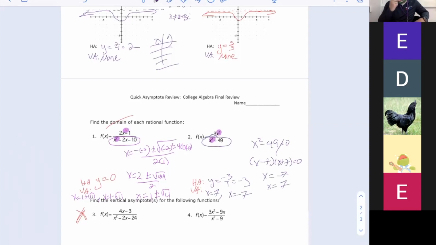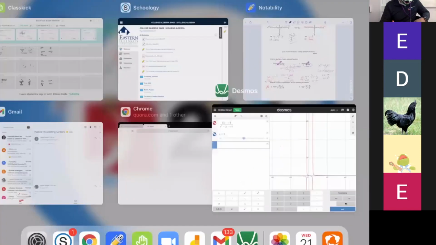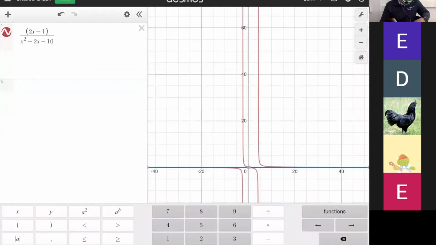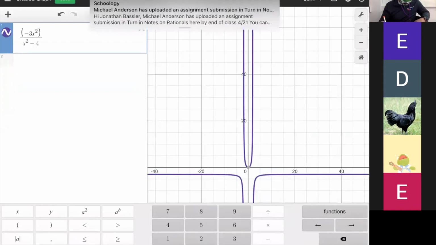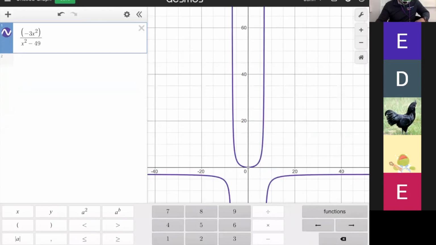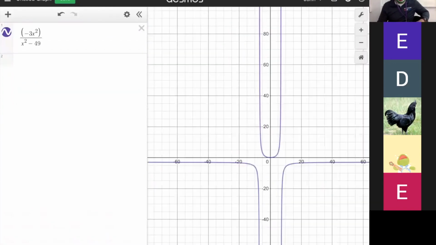And now I can confirm this. Negative 3x squared divided by x squared minus 49. And there you go. All right.